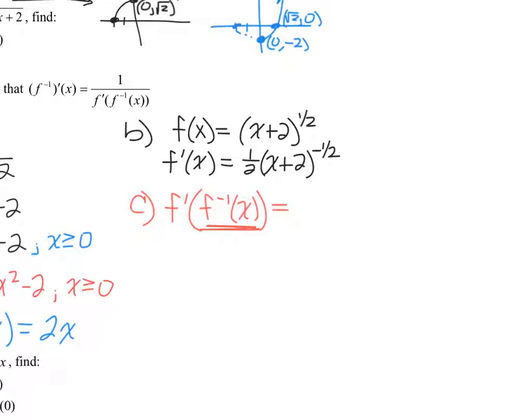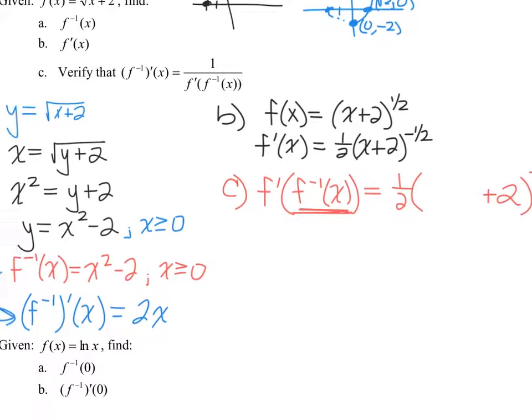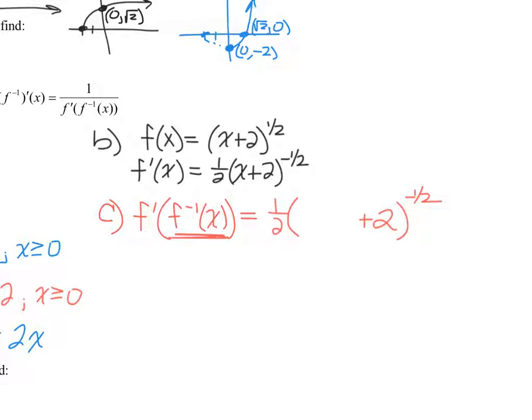So 1/2 times x plus 2 to the negative 1/2, and then I'm plugging the inverse into that. The inverse is x squared minus 2, again with the condition that it's only positive values.